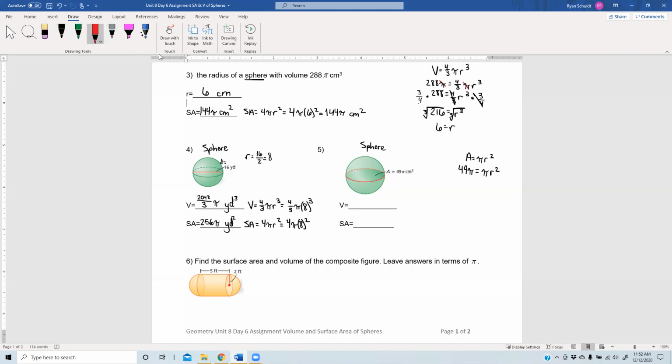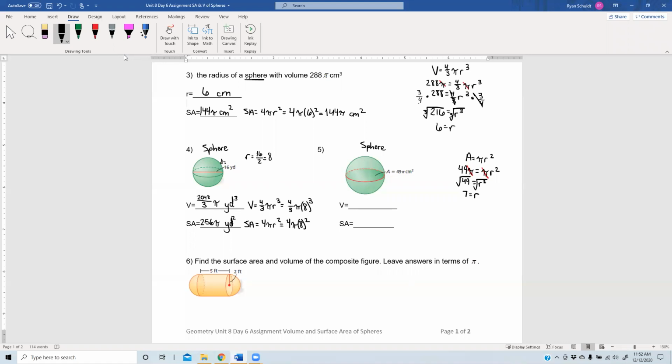So instantly we can cancel the pi's out. Essentially, we're dividing by pi. So it's going to be 49 equals r squared. Square root it. Square root of 49 is 7. So the radius is 7.